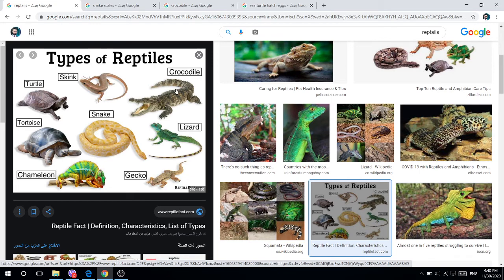This is a crocodile. Do you see? These are all types of reptiles. Okay students, you should know what reptiles are. Look at this picture, you will understand what reptiles are.